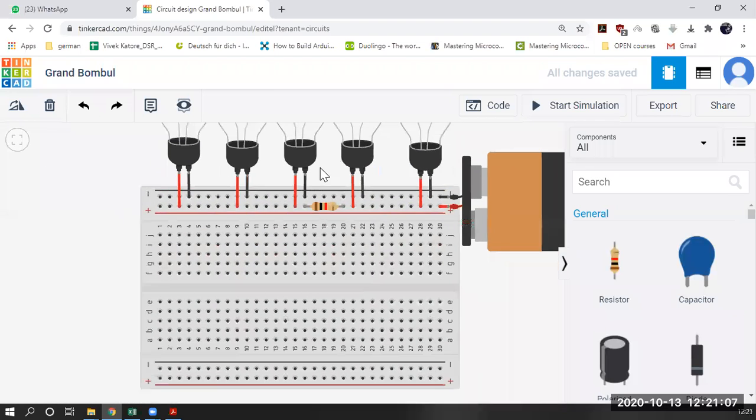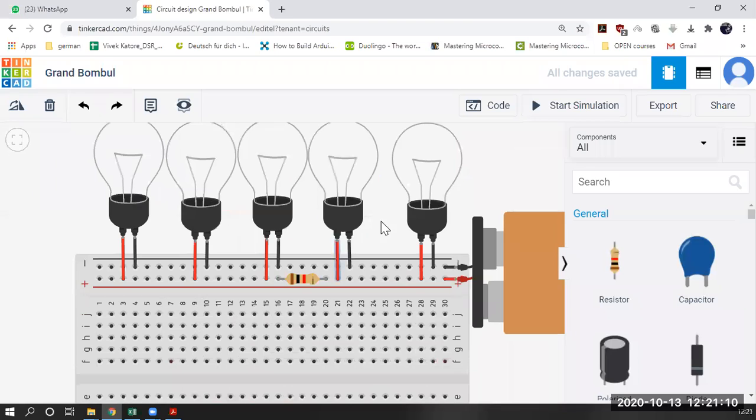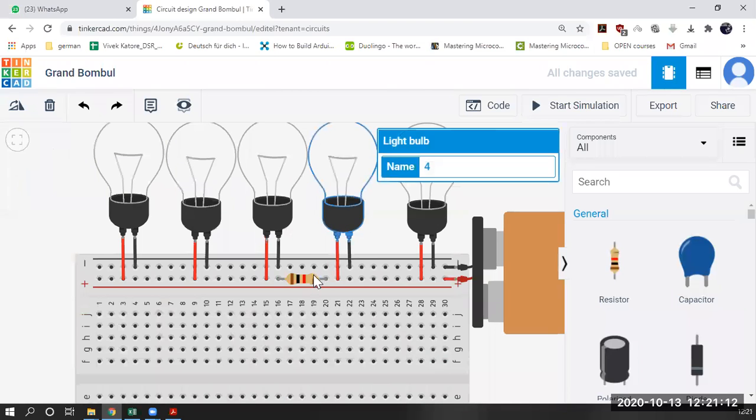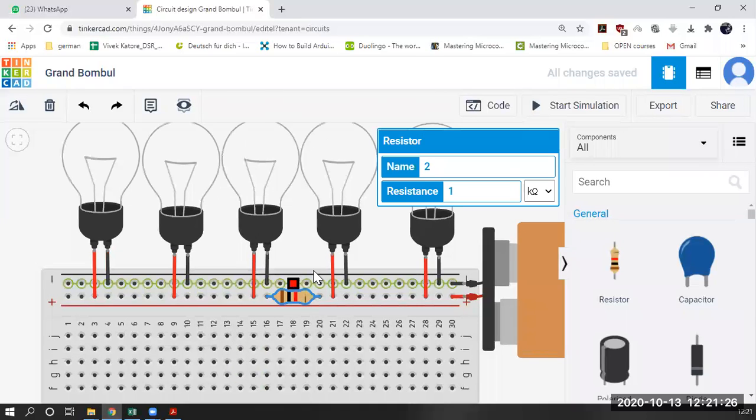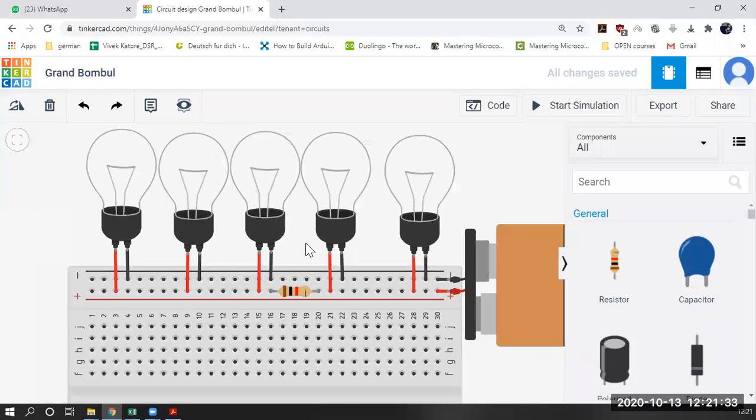Now, can you tell me what will happen? See, after the second bulb, I have placed one resistor. So what will happen? Will the bulb glow or not? What will happen to the bulb if I place this resistor? Someone is saying three bulbs will not glow.